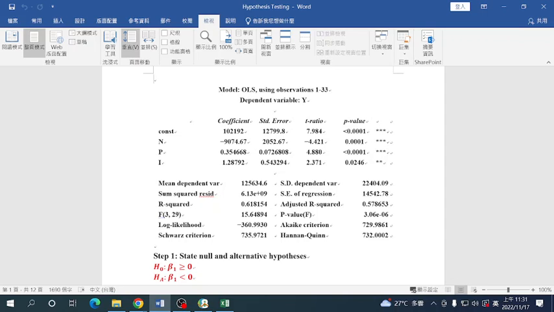So how do we read the critical value from the F distribution? Look at B2. Did you see the columns and the rows?